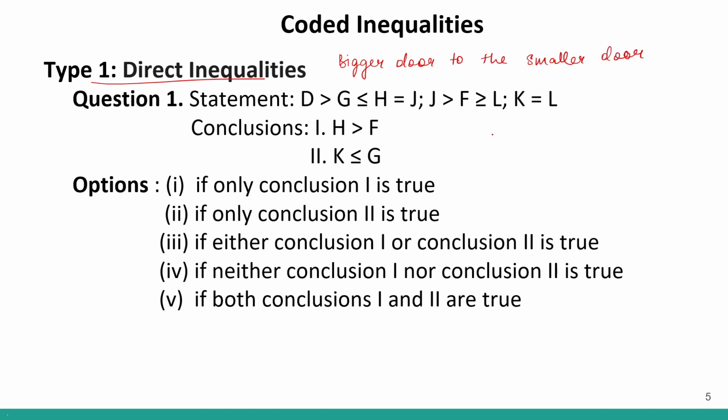Basically, if we have this symbol, we consider this to be the bigger door and we consider this part to be the smaller door. This is just a short trick, or a tip, to solve these kinds of questions. We move from the direction of a bigger door to a smaller door to solve such questions on inequalities.